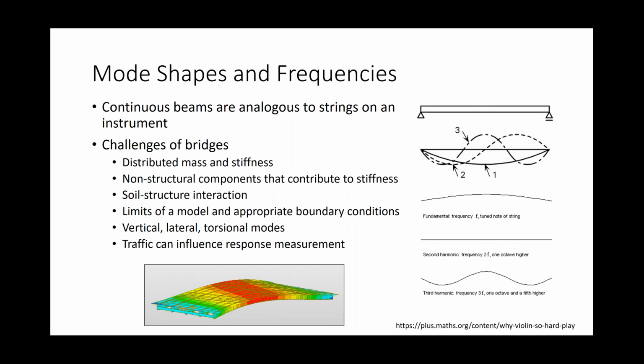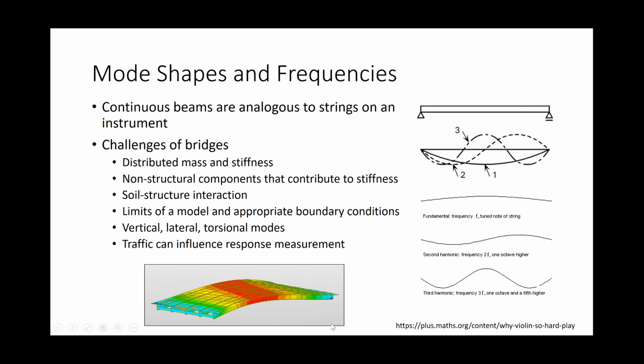Other things that we have to take into account are soil structure interaction, what happens at the end of the bridge, how it's supported. So the limits of the model to where you cut that model off and apply appropriate boundary conditions become very important considerations. The other thing that happens is we're not just looking at a 2D version of this structure.